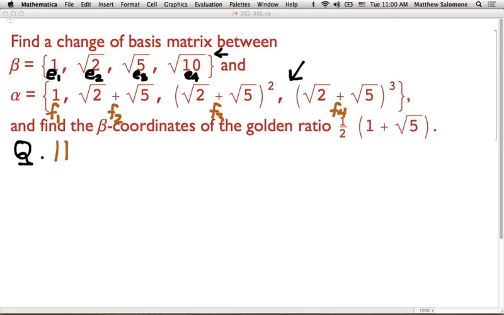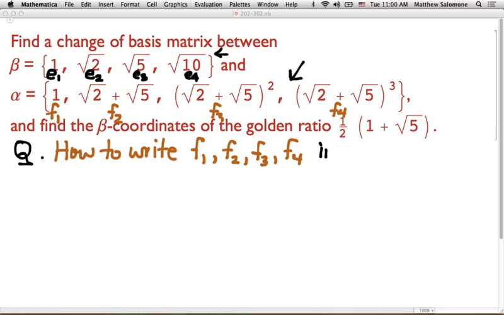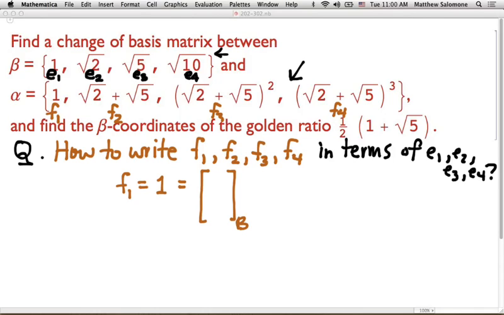So then, how do we write F1, F2, F3, and F4 in the B basis? So in terms of E1, E2, E3, and E4. 1, 0, 0, 0, right.